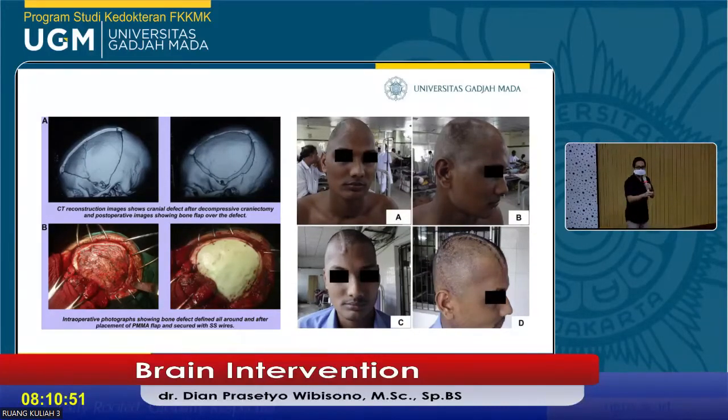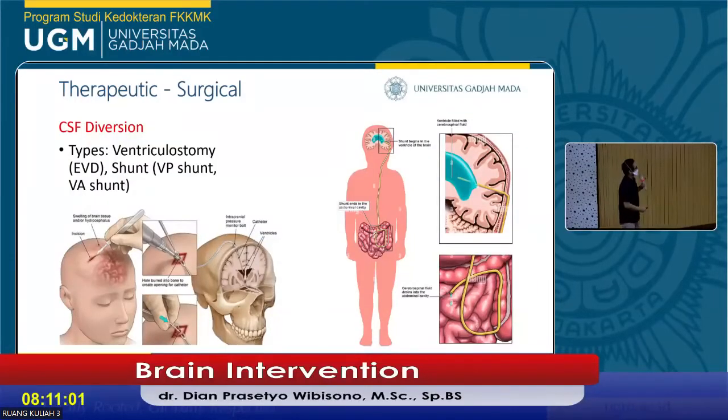The cranioplasty is performed at another time, not in the same period of surgery, but at a different time of surgery. Okay, next, this is the CSF diversion, diverting the CSF.